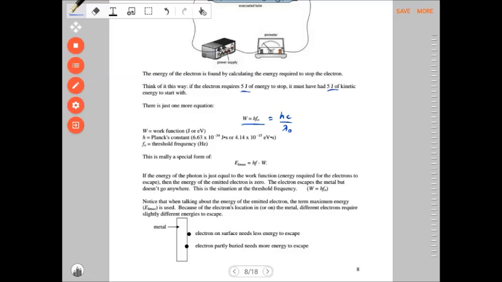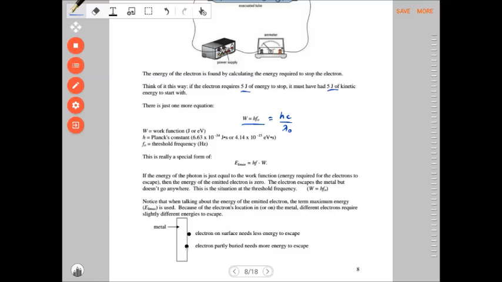Notice that when we talk about the energy of emitted electrons, the term maximum kinetic energy, EK max, is used. Because of the electron's location in or on the metal, different electrons require slightly different energies to escape. An electron on the surface is relatively free to escape.